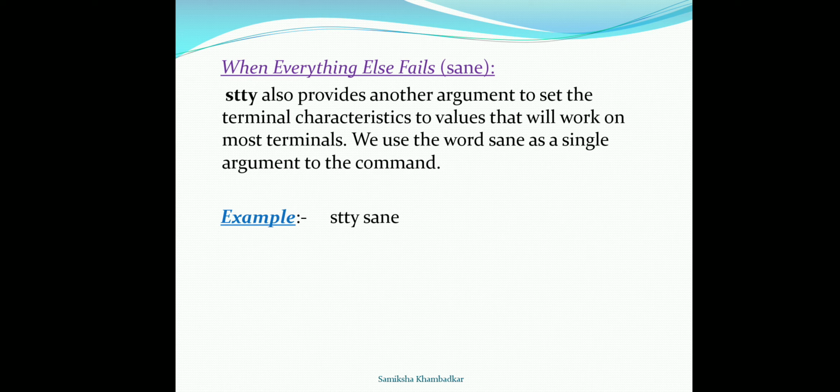We use the sane command. stty also provides another argument to set the terminal characteristics to values that will work on most terminals. We use the word sane as a single argument to the command. By using the command stty sane, we can reset the settings as done by the system. Now we can use the system efficiently.